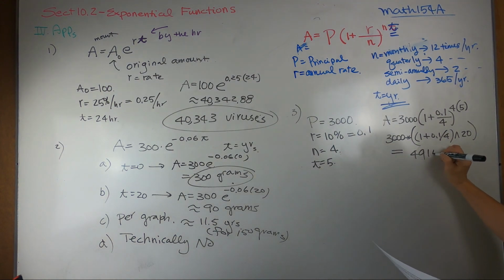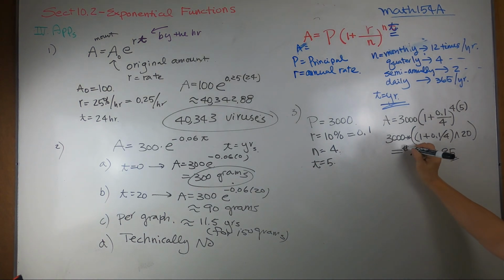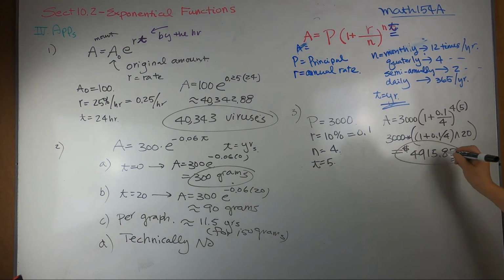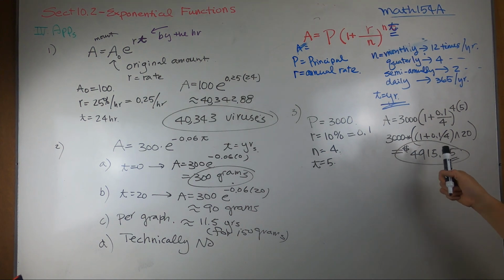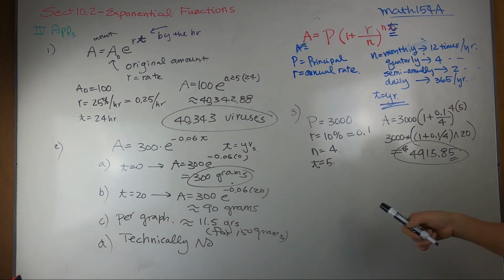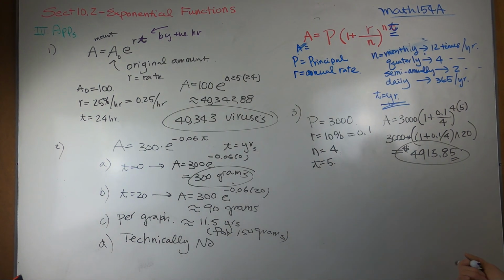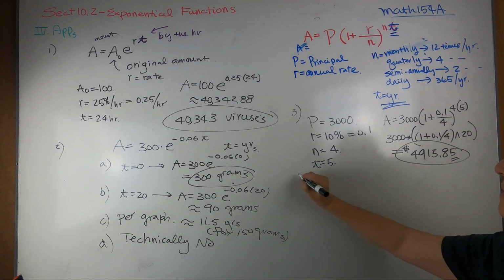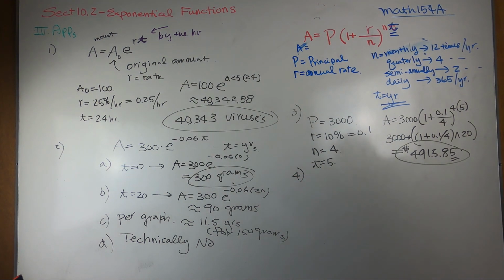Because it's money, you round to the second decimal place. Make sure you practice punching it into the calculator and get a correct answer, because when we go back to school, for the next class you need to show how you use the calculator. If you have a problem, call me.